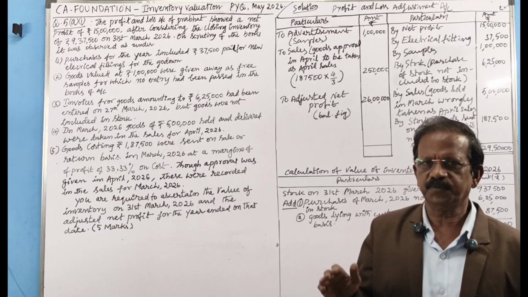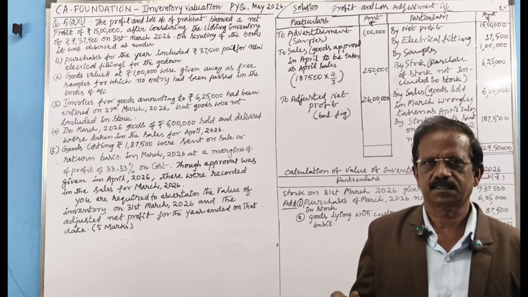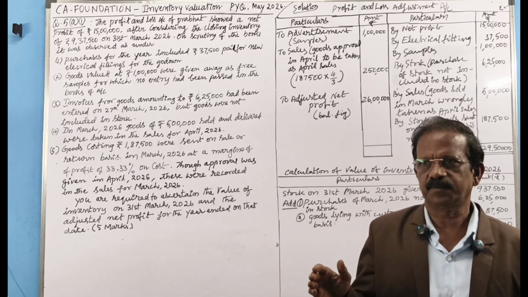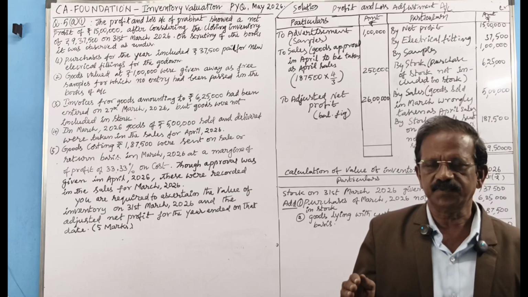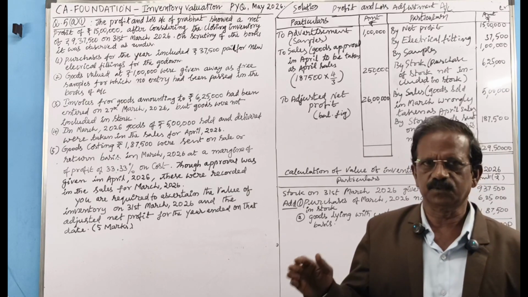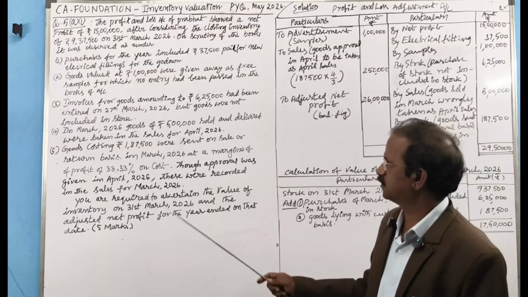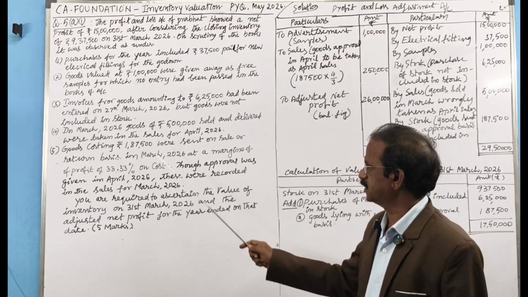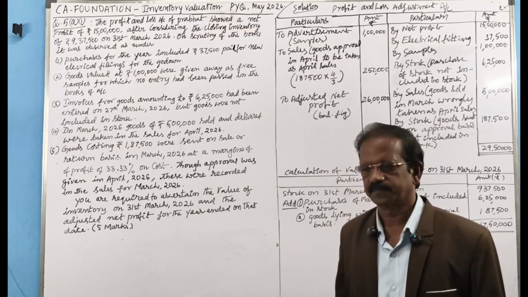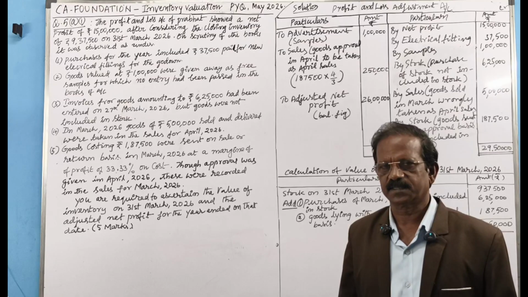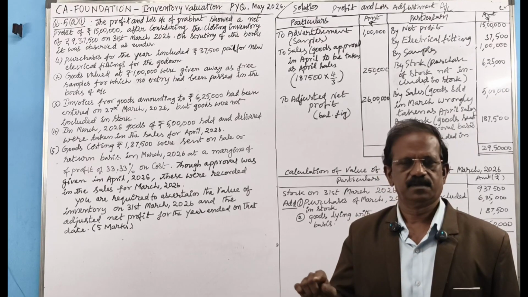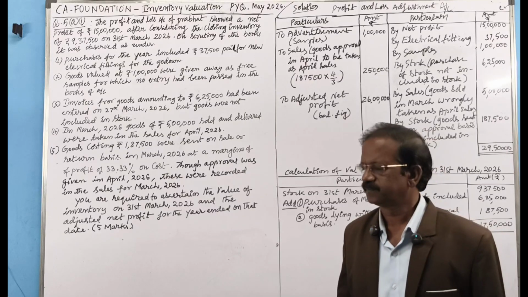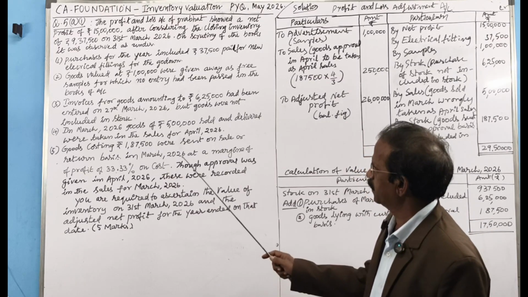Now, just before 31st March, that is before the preparation of final accounts, we have sent certain goods. The cost of those goods is 1,87,500 on approval basis, and we have recorded a journal entry like customer account debit to sales account. But what happened?